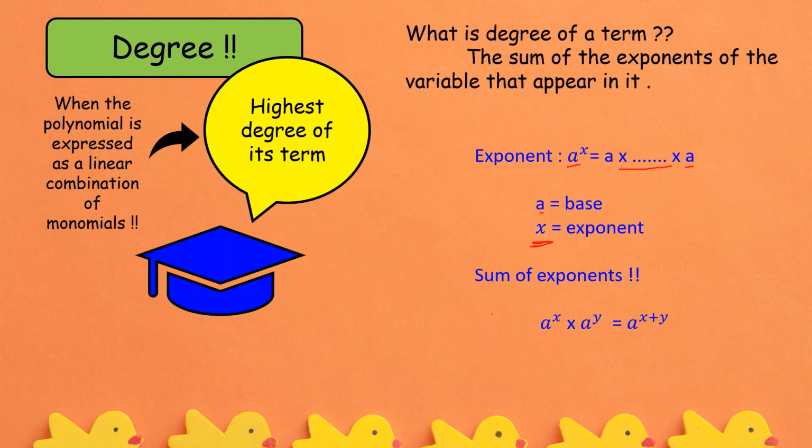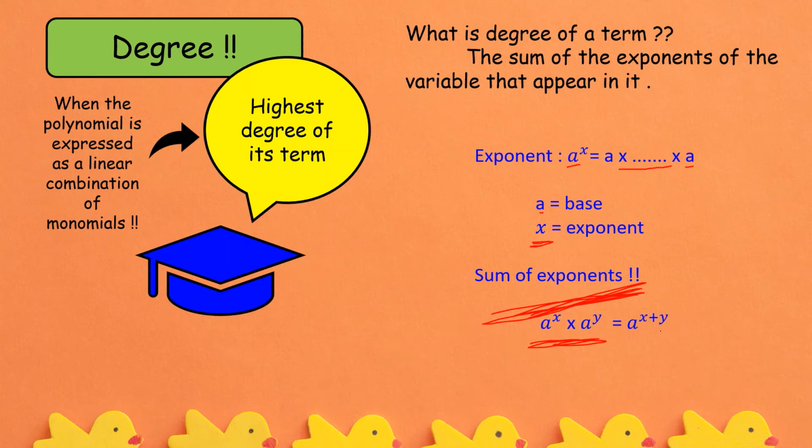So when you do the sum of exponents, when the bases of any two terms are the same, then your exponents can be added. When bases are same, powers can be added. I think you guys are very familiar with this sentence.